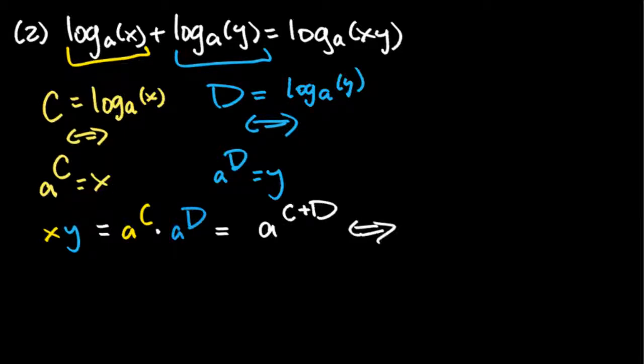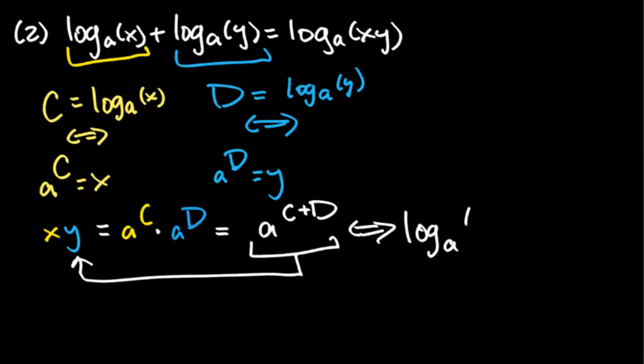Let's write that in logarithm form now. That's log base a of, what's the destination of this? This equals c plus d. Well, what are c and d? c is log base a of x, and d is log base a of y.